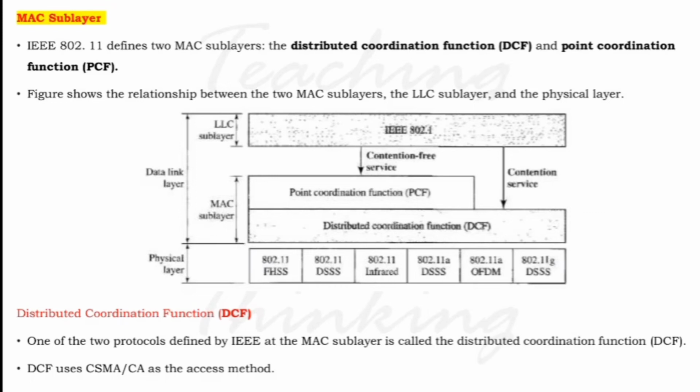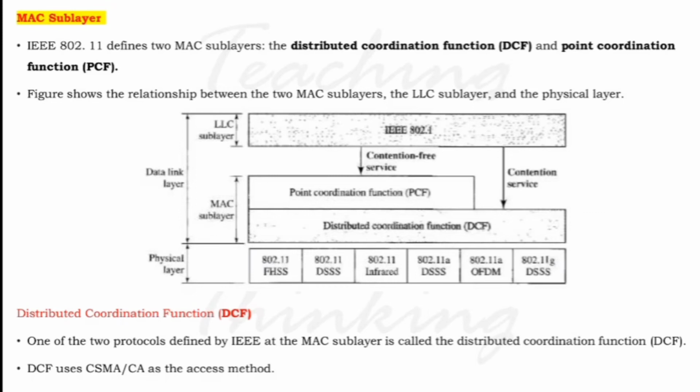The first rectangle is the LLC sublayer IEEE 802.2, and the second and third are PCF and DCF, and the last one is the physical layer. The first three layers together form the data link layer, and the last one is the physical layer.